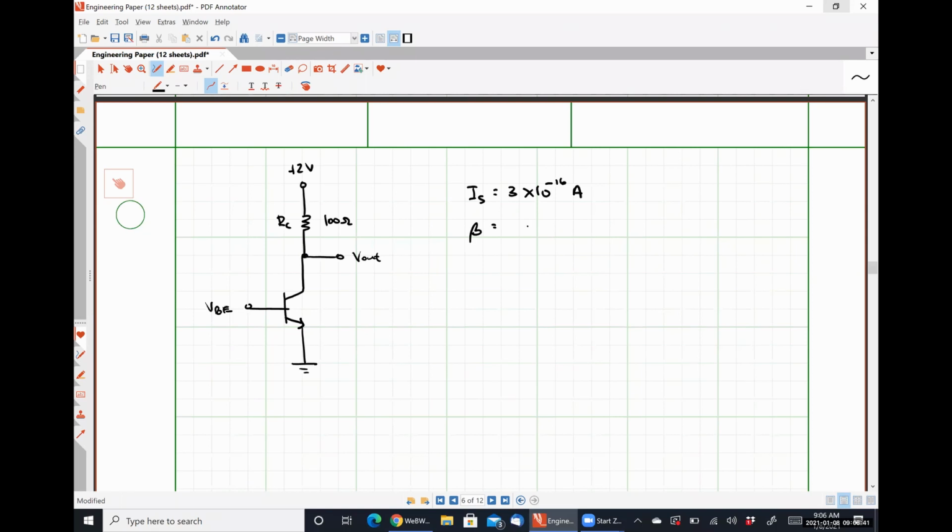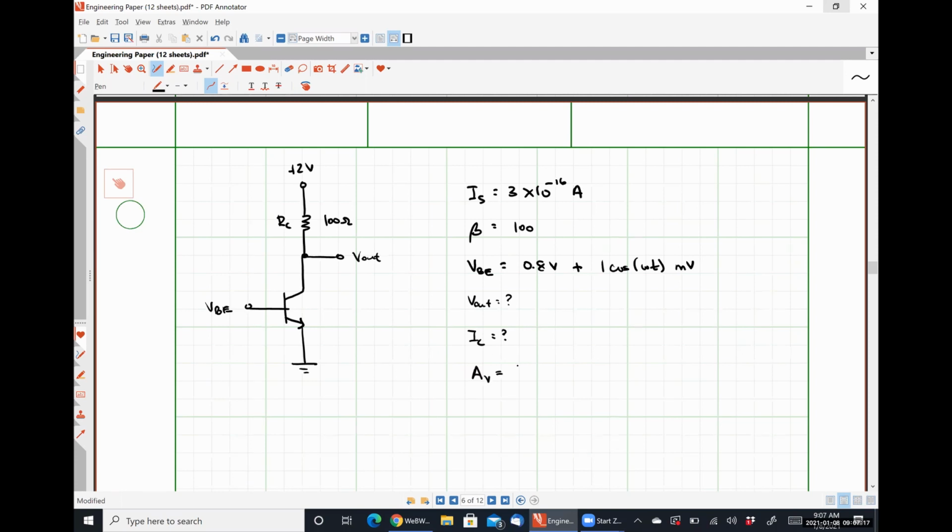Beta is equal to 100. And our base emitter voltage is 0.8 volts plus 1 cosine omega t millivolts. So a small voltage. We want to know what the output voltage is, what the collector current is, and also what the voltage gain is.